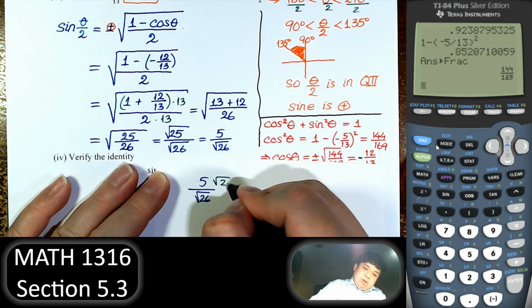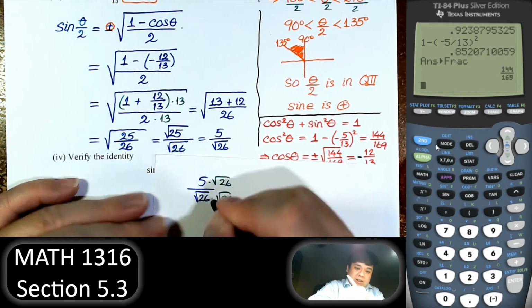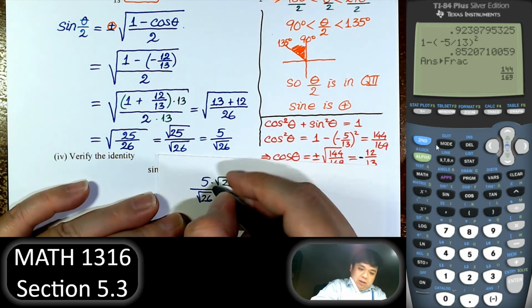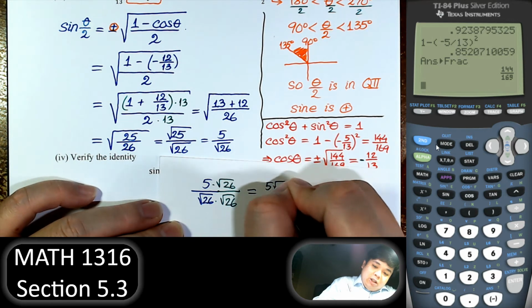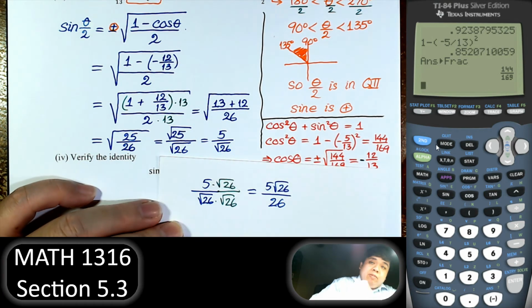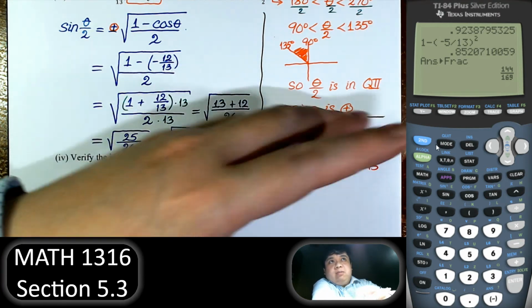We just have to do this if we want to. In that case, it gives us 5 square root of 26 over 26. Of course, in that case, we don't have the square root at the denominator, but that's what we have.